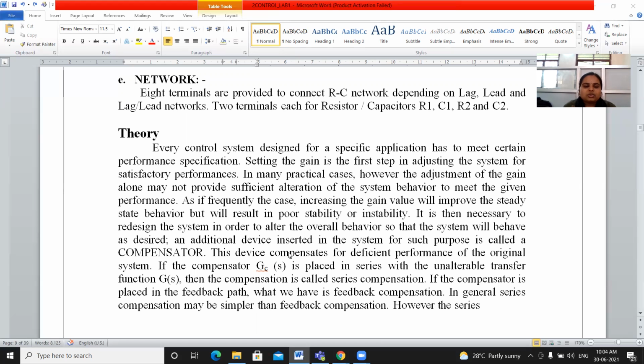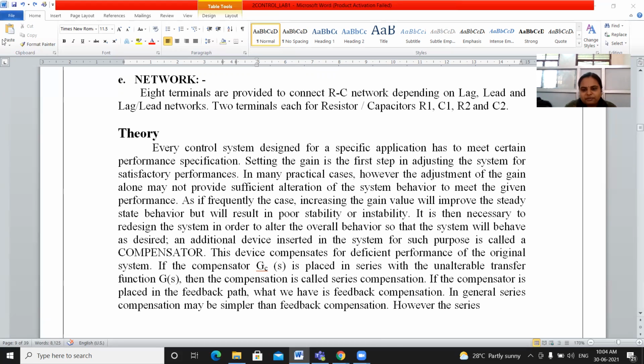The compensation is going to be done by using lead lag compensation. If the compensator, here taken as Gc(s), is placed in series with an unalterable transfer function, that is G(s), then that compensation we call series compensation. If the compensator is placed in a feedback path, then we call that feedback compensation.